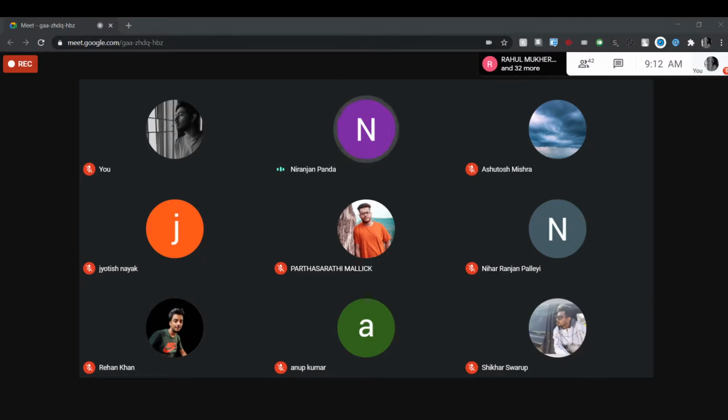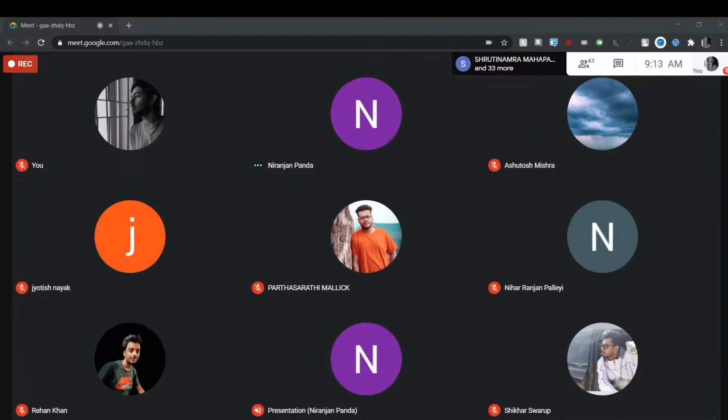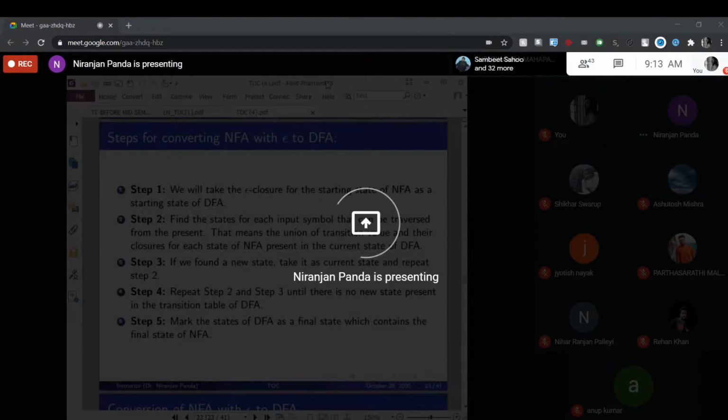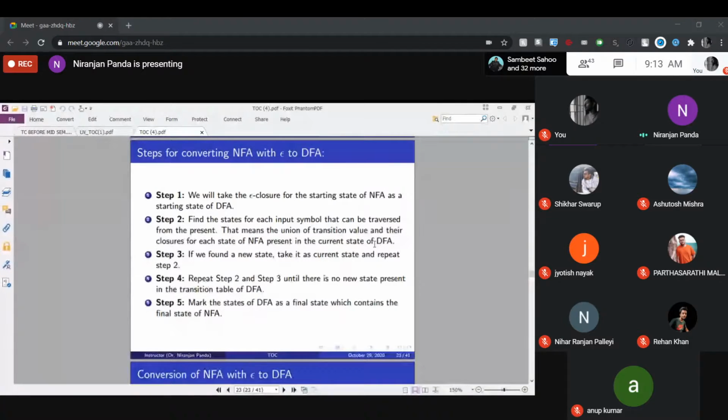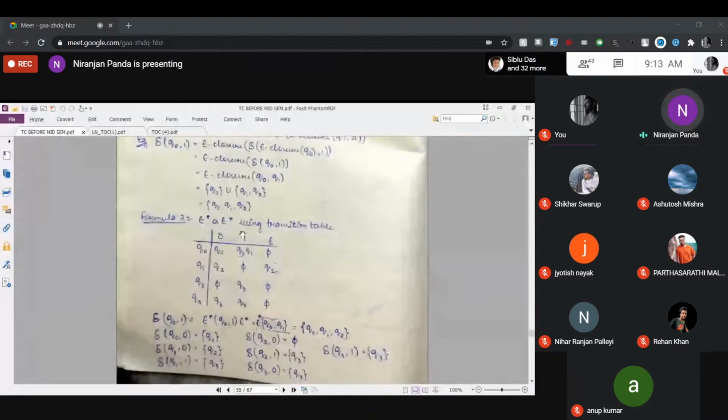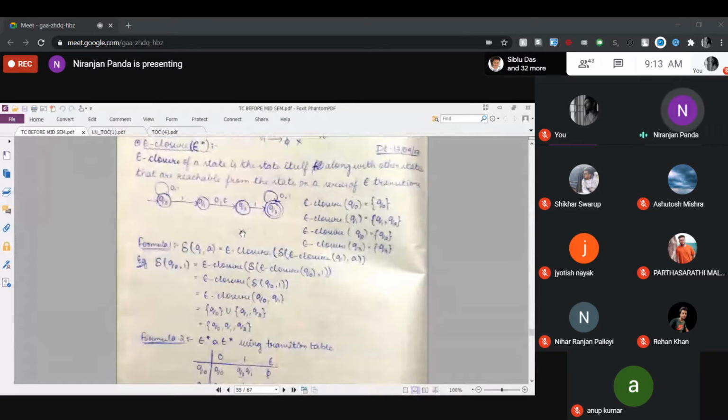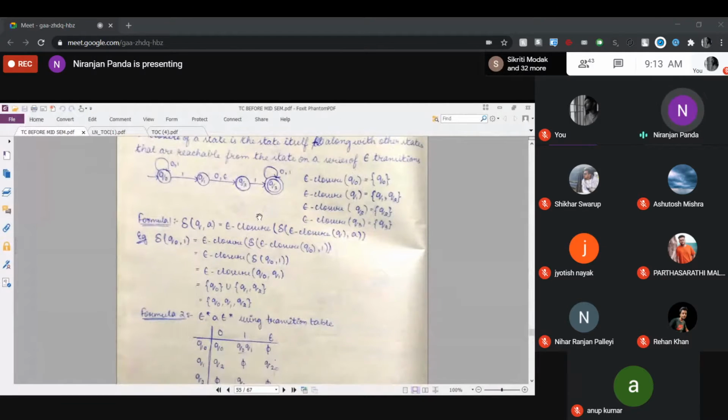Going for that concept, NFA epsilons, I think you remember what we mean by an NFA epsilon.